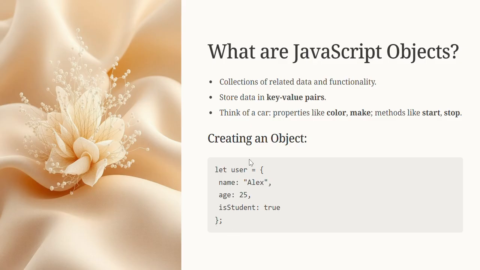Usually user is the name of the object and it is declared by the keyword let. In this, the key value pairs are name Alex, age 25, and isStudent true. Here the key is name and the value is Alex. Both combined are called a key value pair. In this way we can create an object.